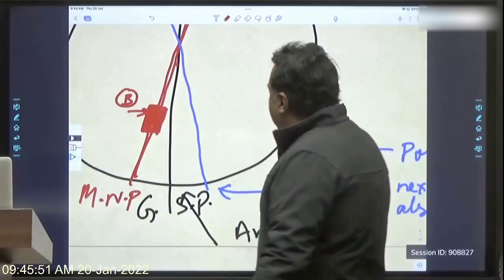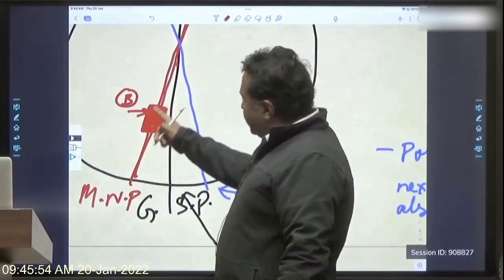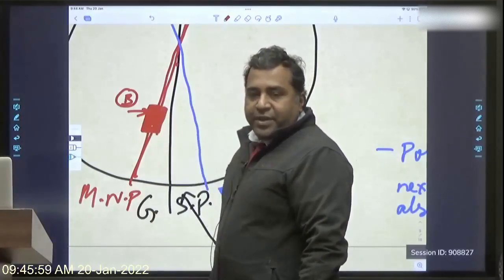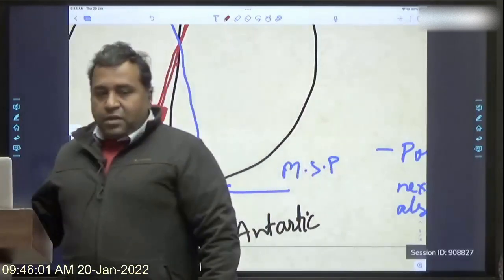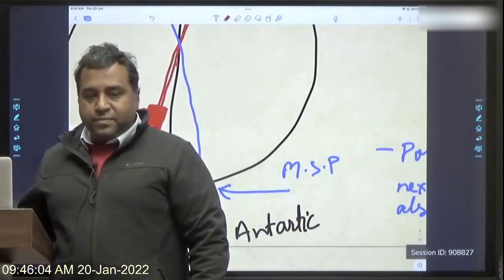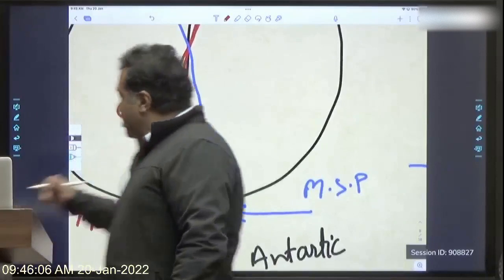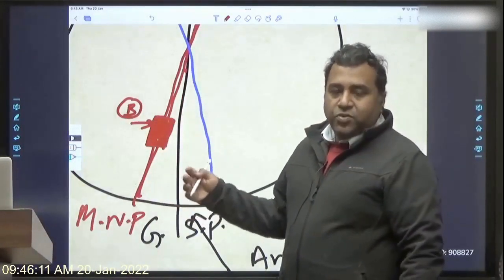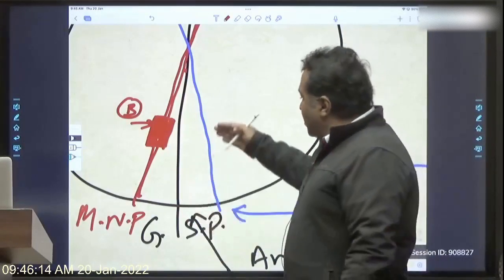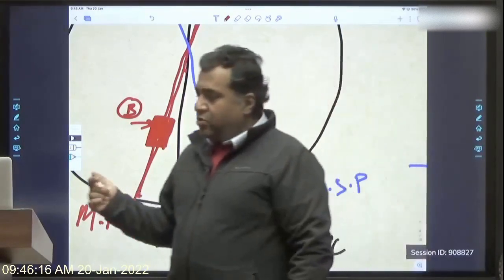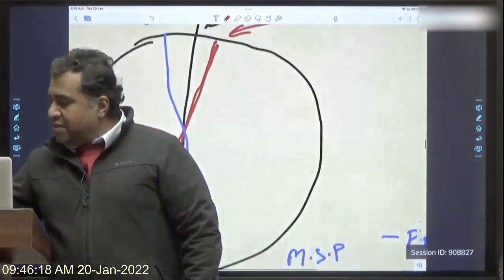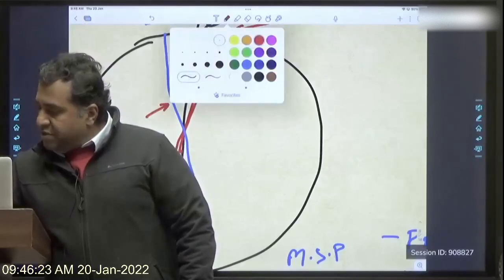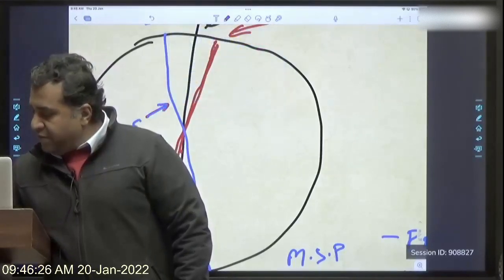The rocks which come out of a volcanic eruption at this time will try to align themselves in this direction. Let us say after a few lakh years we had a magnetic reversal, so magnetic reversal on the earth took place. Now let us say at some other place, location C, we had a volcanic eruption.